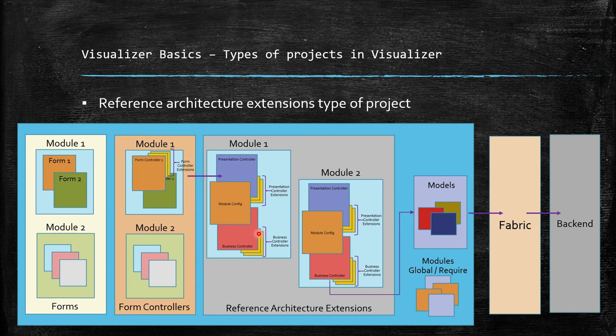That is, what kind of activities we can perform as part of form controller, what kind of activities we can perform as part of presentation controllers, and what activities must be performed inside a business controller, so that you can understand how the code is segregated, how the separation of responsibilities is maintained in the reference architecture extensions type of project, so that when you try to customize the functionality of the base app, whenever you are implementing this base app to a particular customer, you can easily find out the code and you can create the extensions for that appropriate component inside this reference architecture extensions type of project.